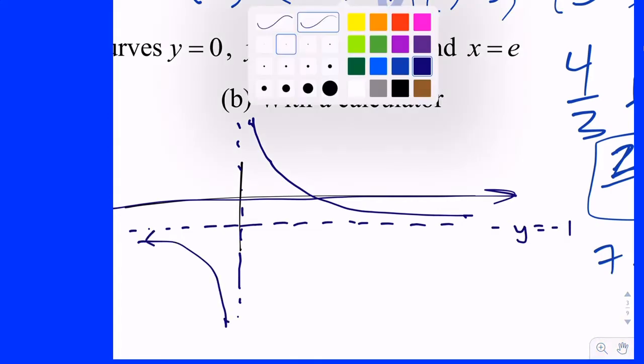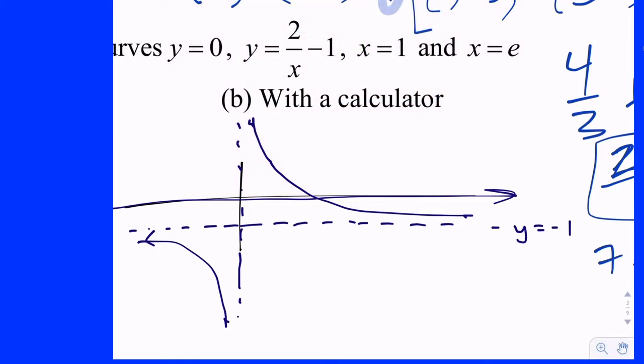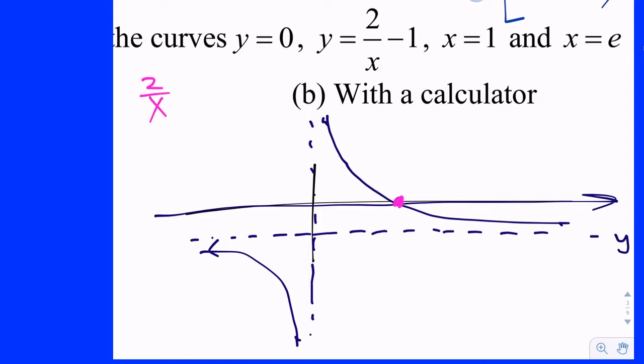X equals 1. Okay, well, where's x equals 1 in relation to this x-intercept? This now becomes kind of important when I'm drawing it to scale. Where does that graph cross the x-axis? Well, you could figure it out. Go 2 over x minus 1, set it equal to 0. You get 2 over x equals 1.